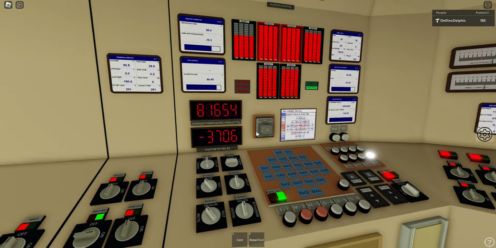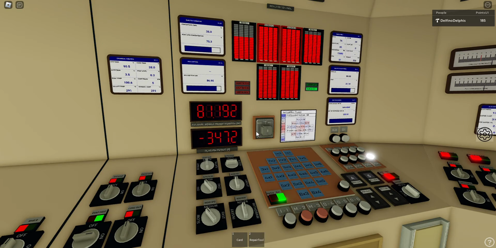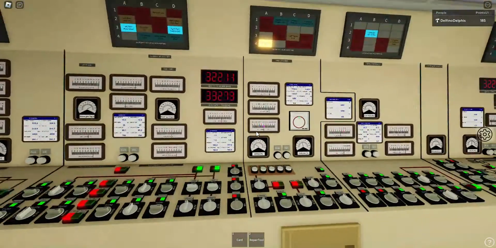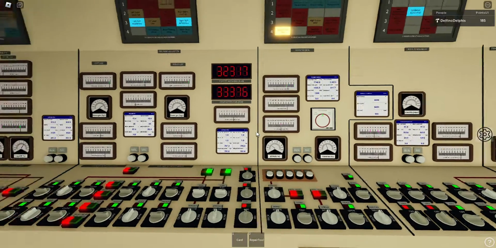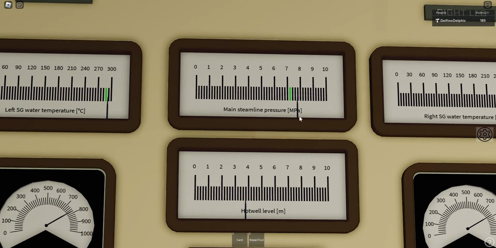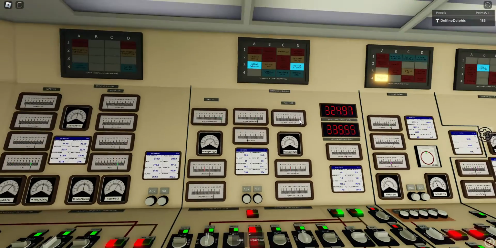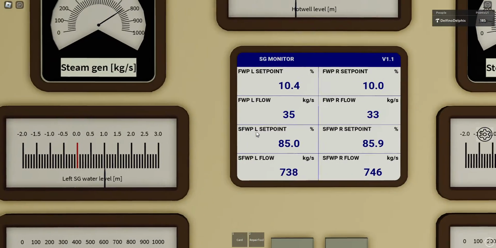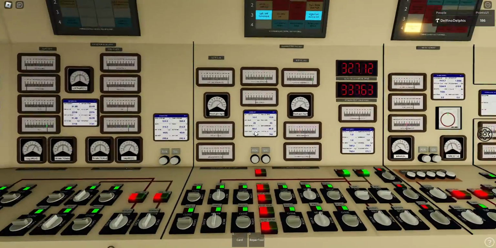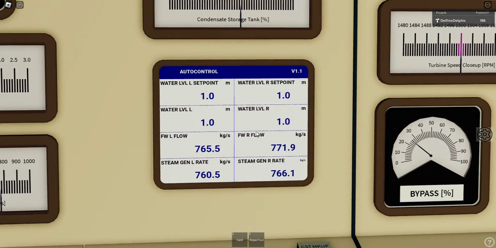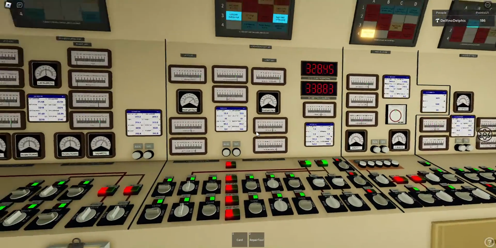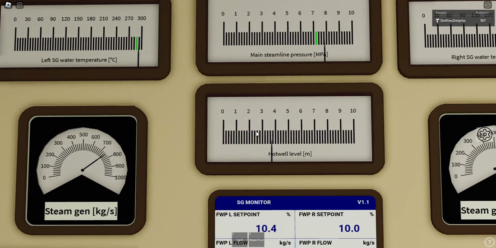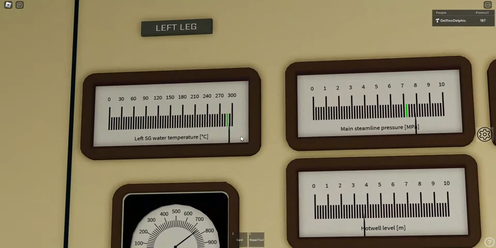And this is a natural phenomenon for the pressurized water reactor. Once we reduced steam demand here, the pressure started to rise. You can see this. As the pressure rises here, the temperature also rises. What is the temperature? It's a good question. Yeah, this is the temperature.